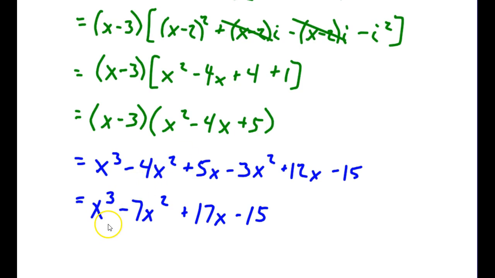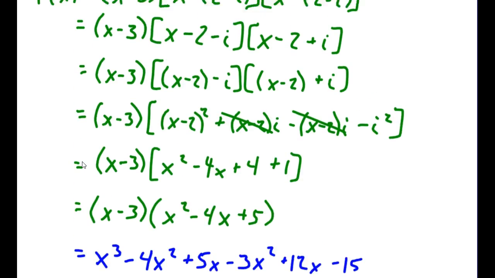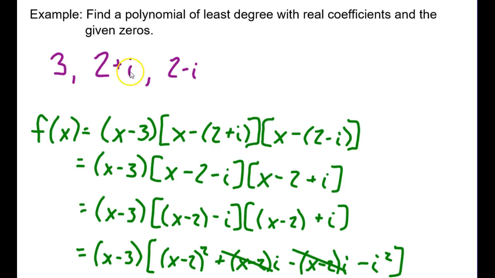So this is a polynomial with least degree and real coefficients that had our given zeros that we started with. We have a cubic function, it's to the third degree, so we know there's going to be 3 complex zeros. If we go back to the beginning, we had 3 complex zeros.